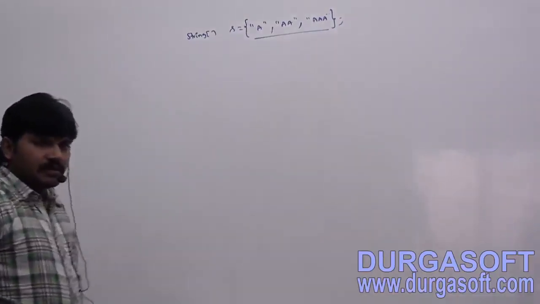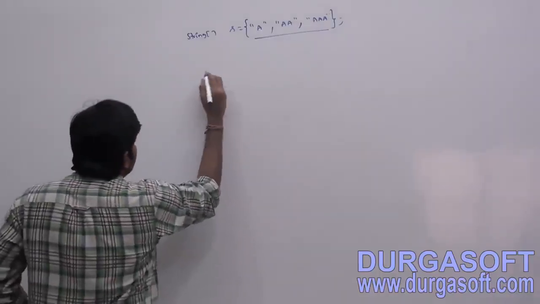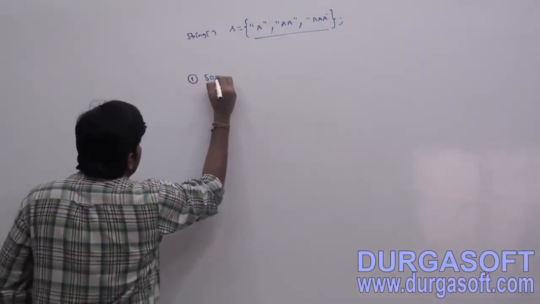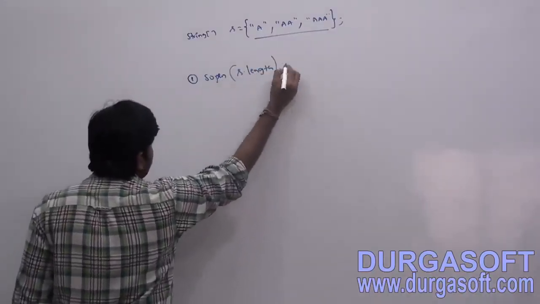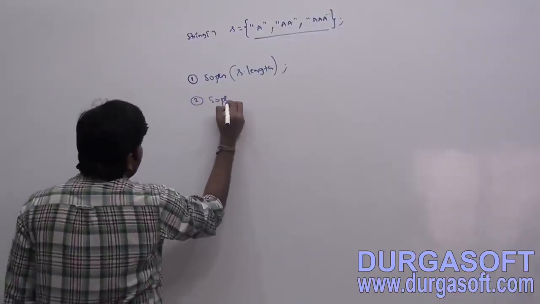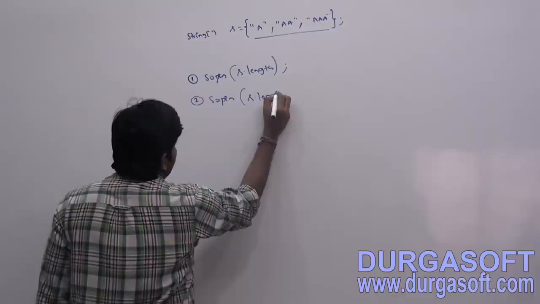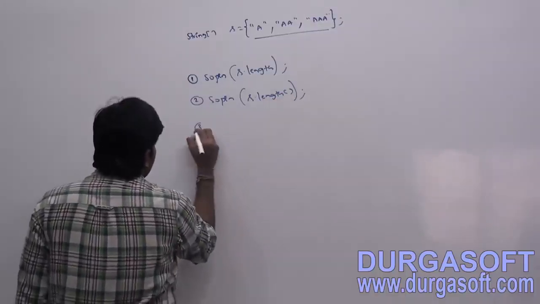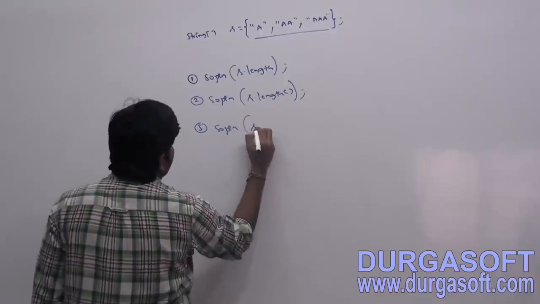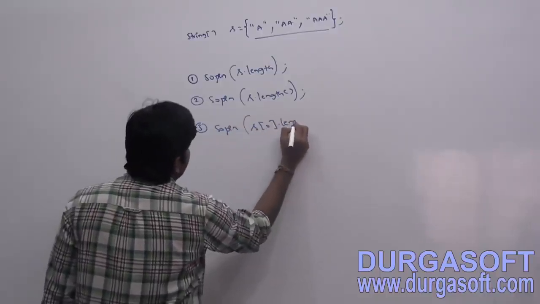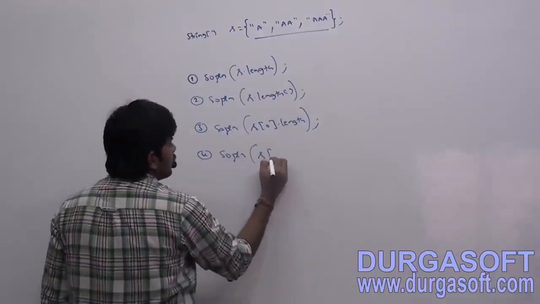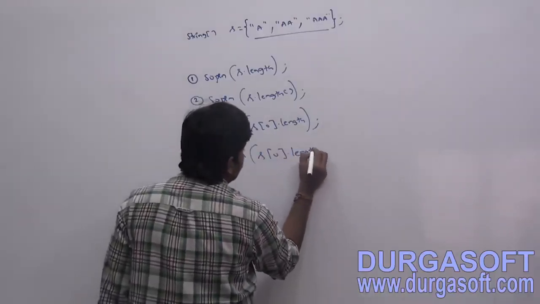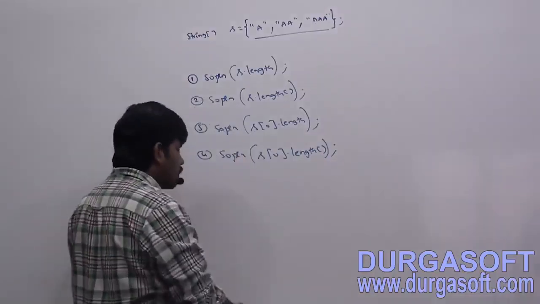Now just observe, I am taking SOP of s.length, SOP of s.length(), and SOP of s[0].length, and SOP of s[0].length().